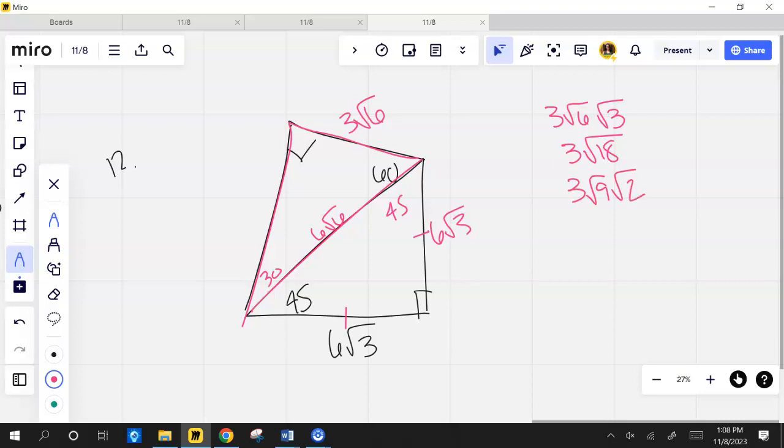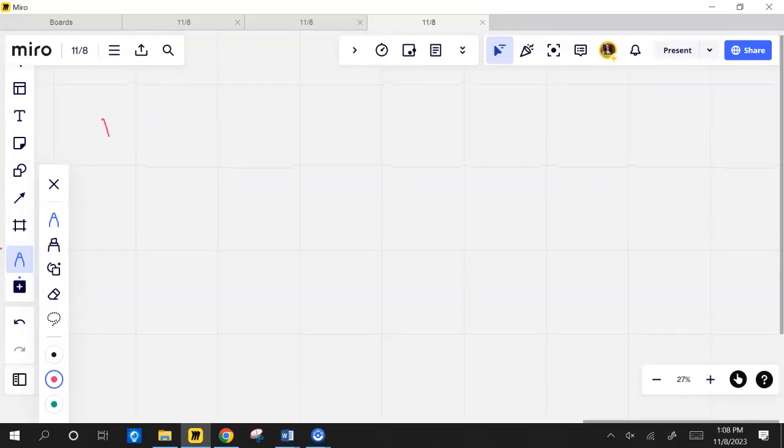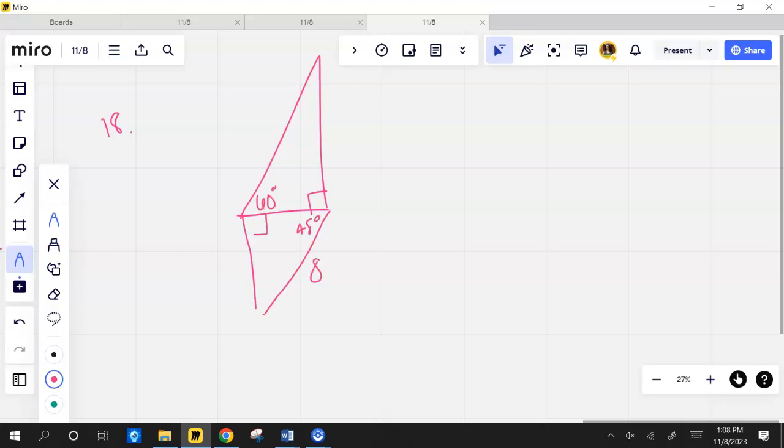Always a five. 18. All right. Which one shall we do first?